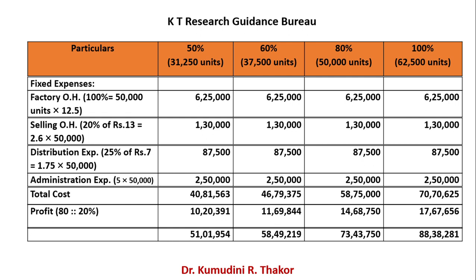For 50%, 40 lakhs 81,563 plus 10 lakhs 20,391 is equal to 51 lakh 1,954. Same way, find out for 60%, 80% and 100%.